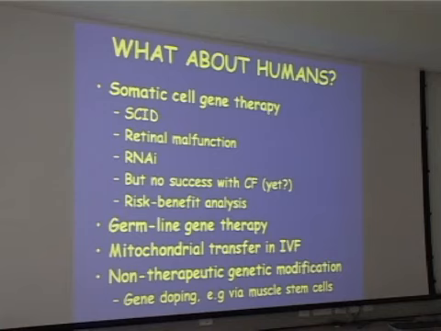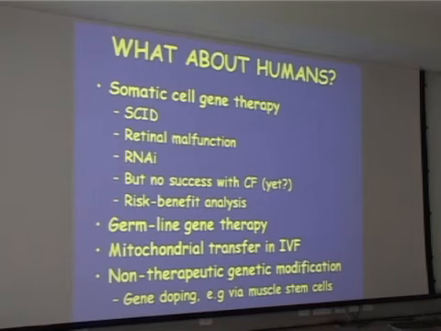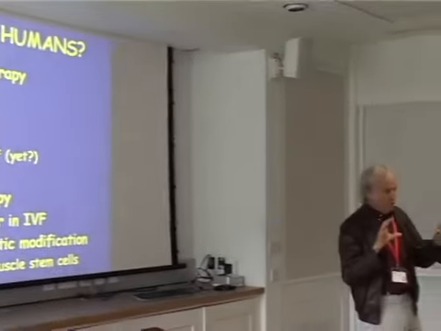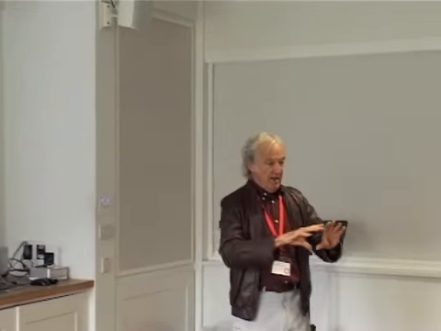And the most successful application of this has been for severe combined immunodeficiency. That is where somebody's immune system is so poor that they go down with absolutely every passing pathogen. And the baby has to live in a sterile bubble, the boy in the bubble syndrome.